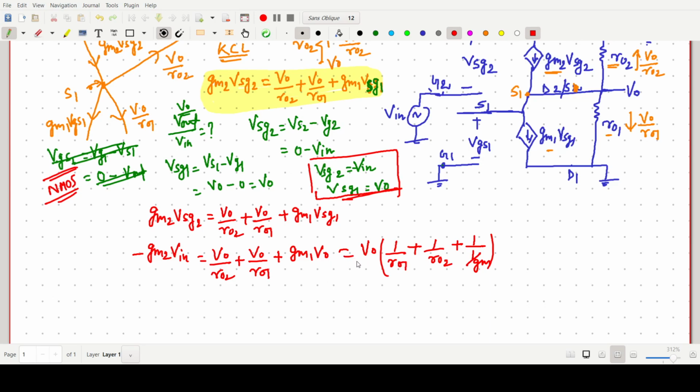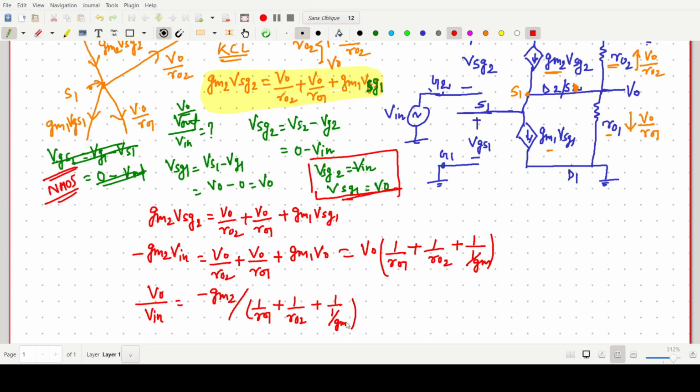Now we have two terms. We have to find V naught by V in. So it should be minus gm2 divided by 1 by R naught 1 plus 1 by R naught 2 plus 1 upon 1 by gm.